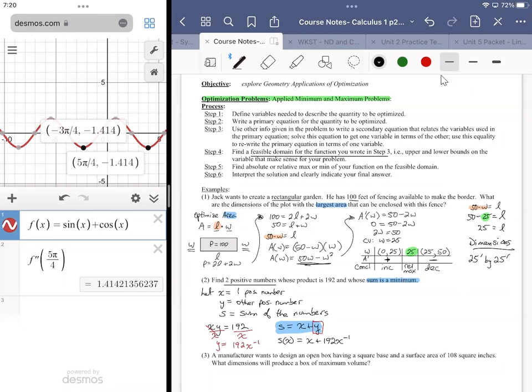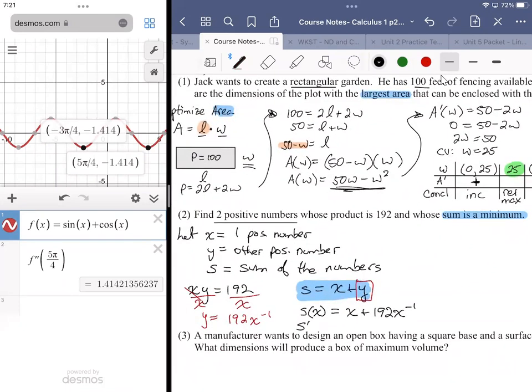And now the derivative is going to be really easy to compute. So S prime would be 1 minus 192 X to the negative second.